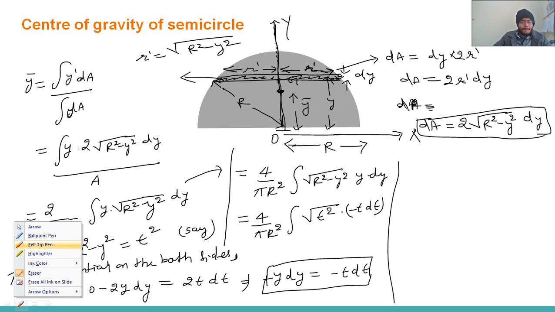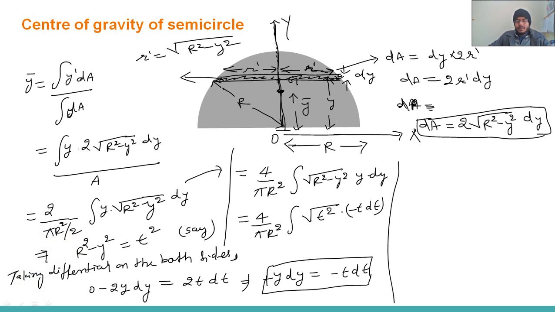Okay, so we can do the integration. 4 divided by pi r square, integration of root under of t square, so it will be t into minus t dt.